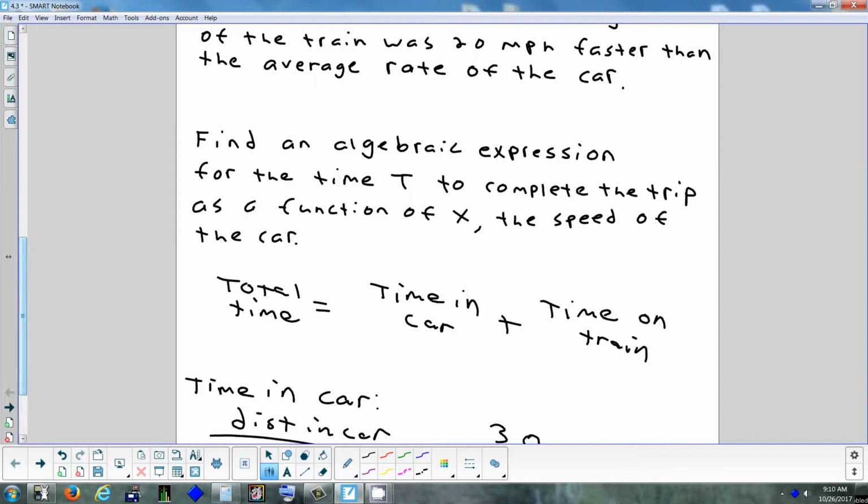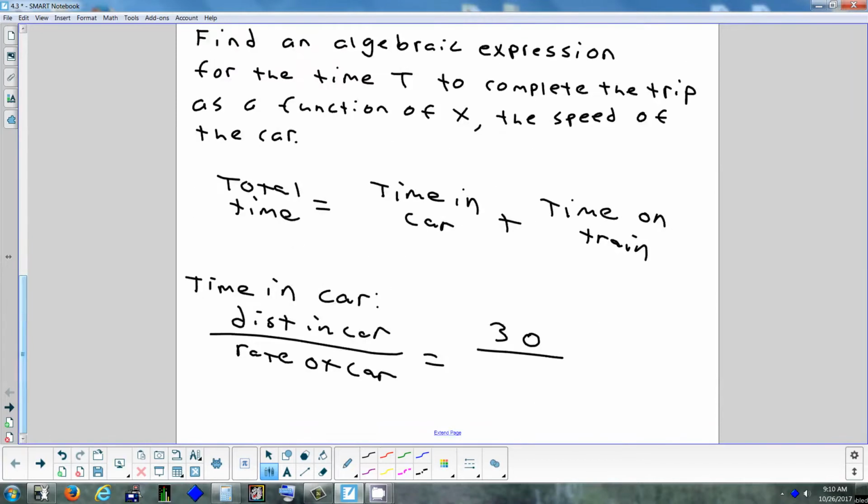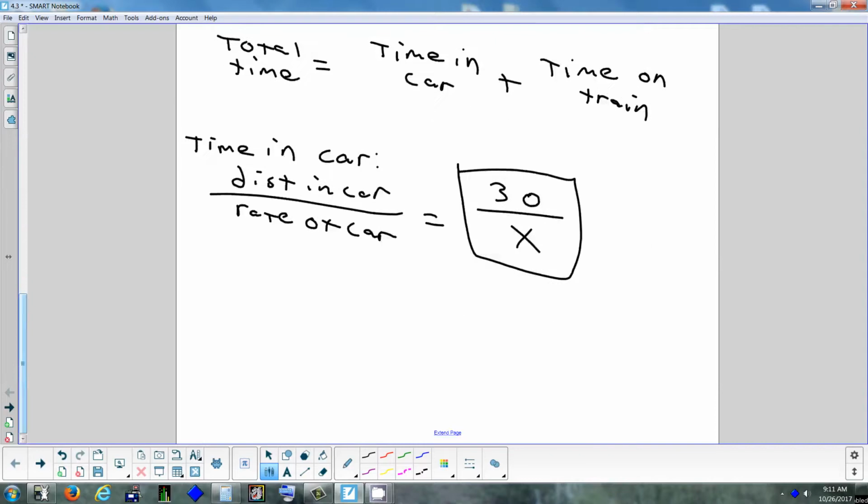So we'll compare the speed of the train to the speed of the car rather than the other way around. So how do they tell us to represent the speed of the car? X. That'll be our basis of comparison for everything. So there's the time in the car, 30 over x.